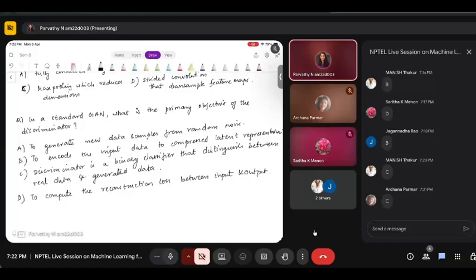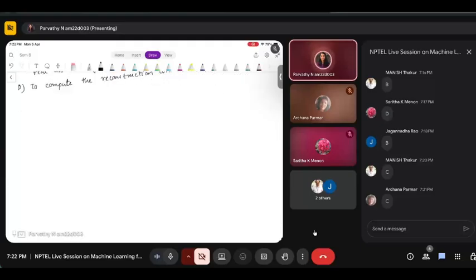Yeah, so it is a binary classifier that distinguishes between the real data and the generated data. As we mentioned before, there is a generator and a discriminator. The generator will take some random noise vector and transform that into a synthetic data sample.